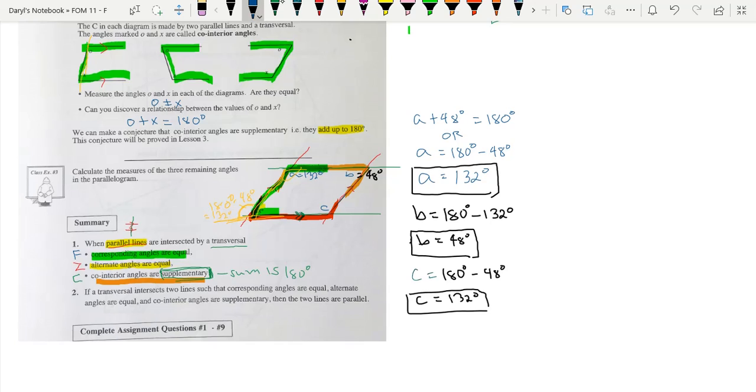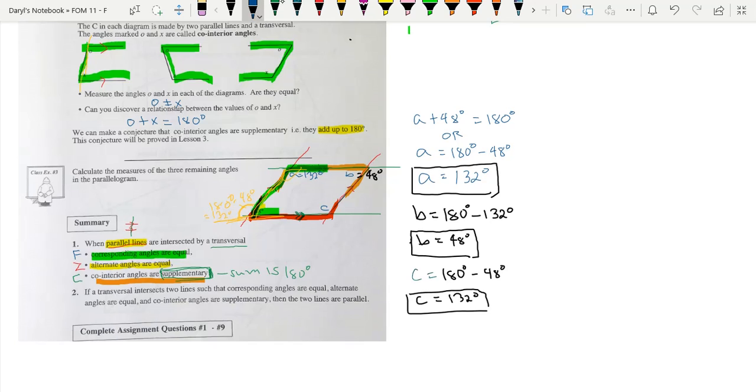So you can take note of that. Again, to identify corresponding angles, the pattern is F. Alternate angles, it's Z. And for co-interior angles, it's C.